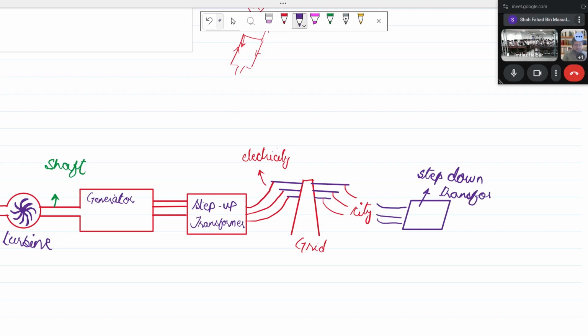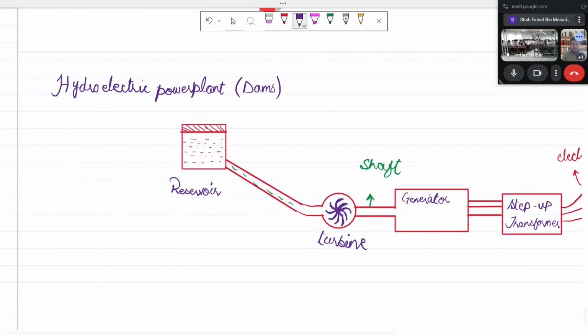Okay, now when you talk about the law of conservation of energy, just look over there. This is the ground level, and the water over here is at some height.